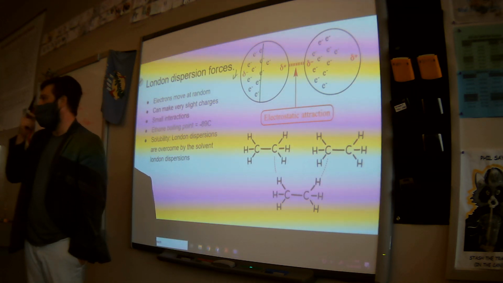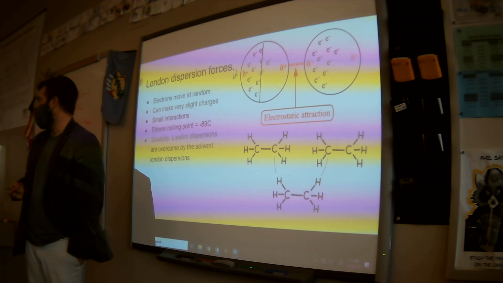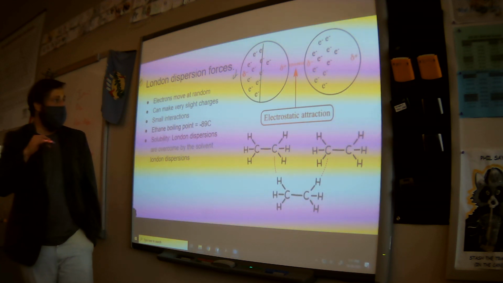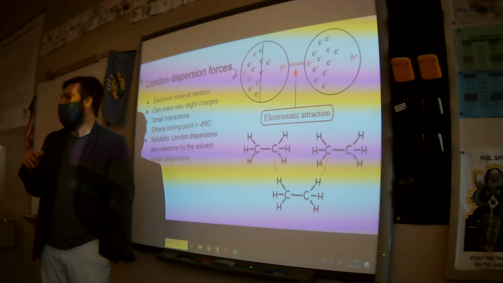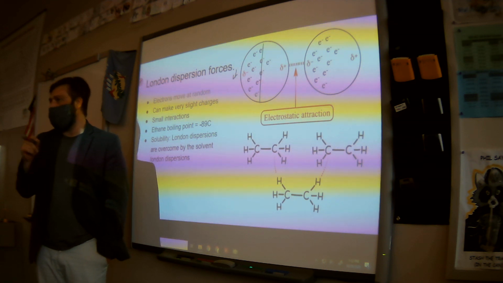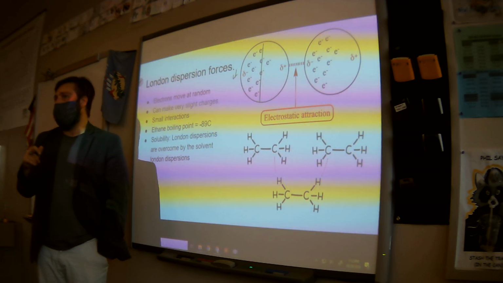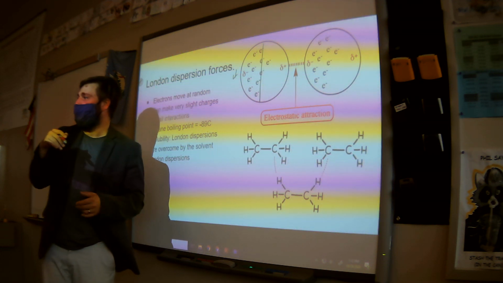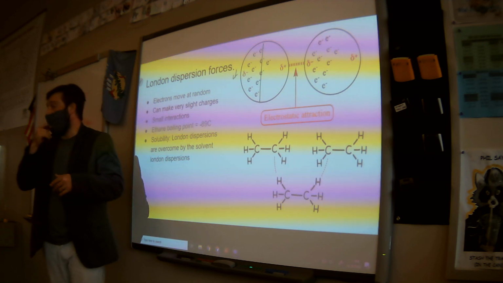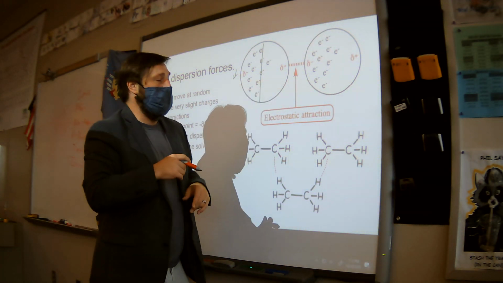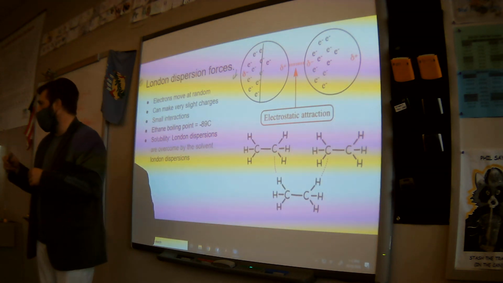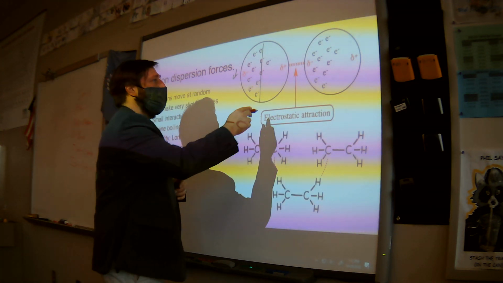Before it was upper middle class, this is lower middle class. This is a lower, slight negative charge, just a little bit. The electrons just happen to be on one side for a little bit, and if that's the case, the other side of the atom is going to have that very slight positive charge, right?